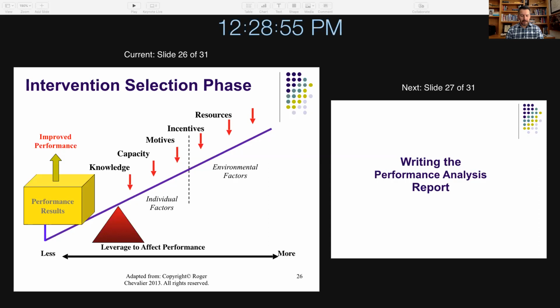And I don't know if I said this before, but there have been studies that show that organizations spend a lot of money on training, and it's not the most effective solution. So by looking at this, you can see the biggest bang for your buck is going to be out there in the environmental area.